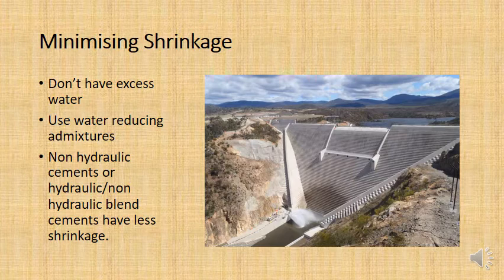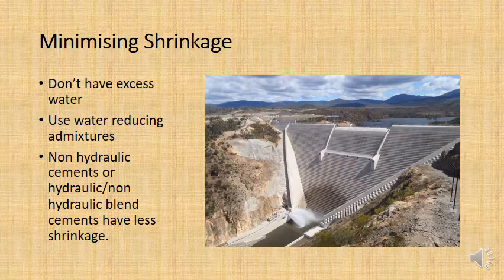It increases the slump without having to increase the amount of water. You're going to learn more about admixtures when we do concrete technology. There will be no questions about admixtures in the building materials assessment.